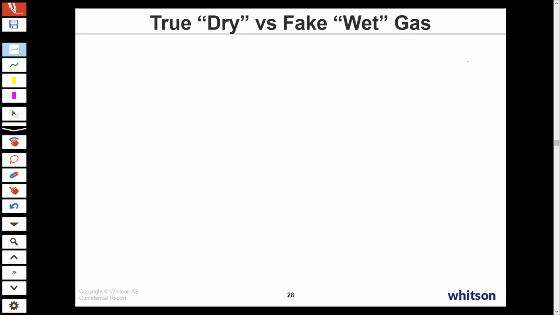So now let's take a look at what we're going to refer to as dry gas and wet gas. Now, it's a little bit confusing, and I'm going to try to sketch this out, but basically we're going to look at two ways of treating the same gas. This is a gas phase.